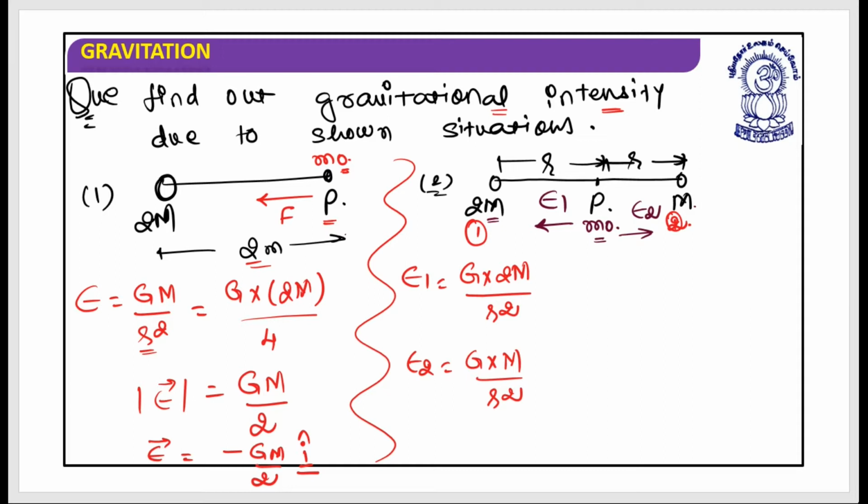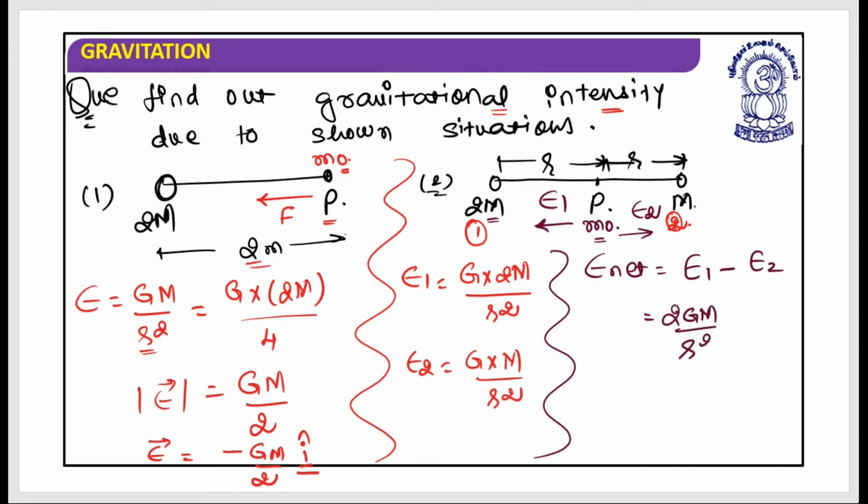Both the directions are opposite to each other, so I need to subtract. E net is equal to E1 minus E2 because E1 is dominating. This is equal to 2Gm by r square minus Gm by r square, which is Gm by r square.